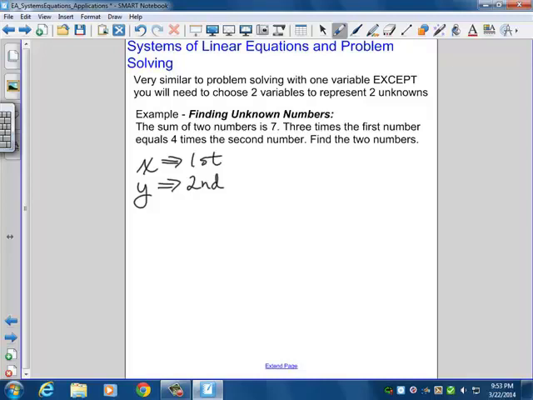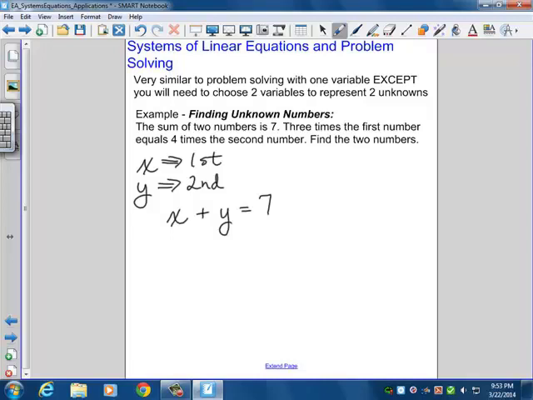So the sum of two numbers is 7. Sum is an addition, so the addition of two numbers equals 7. So from that first one, I have that x plus y equals 7.